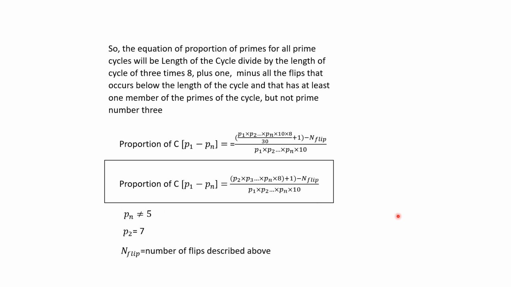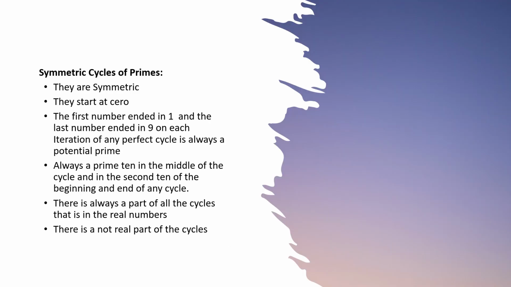The important thing about this is that we're going to be comparing the characteristics of each symmetric cycle without being affected by other primes. So the characteristics of the symmetric cycles of primes: they are symmetric, of course. They start at 0. The first number ending in 1 and the last number ending in 9 on each iteration of a perfect cycle is always a potential prime.